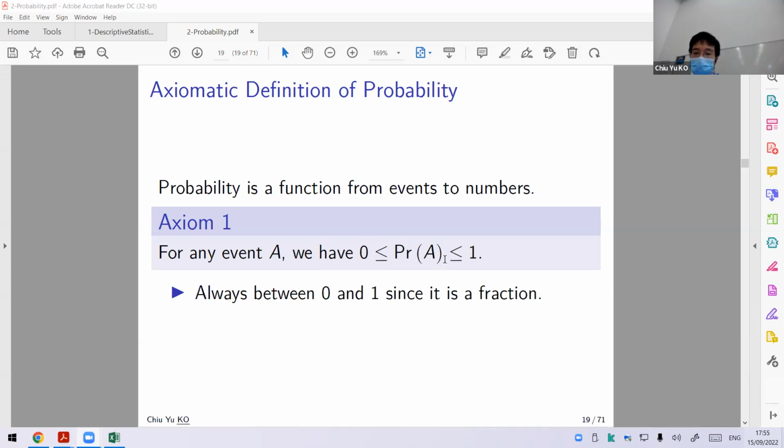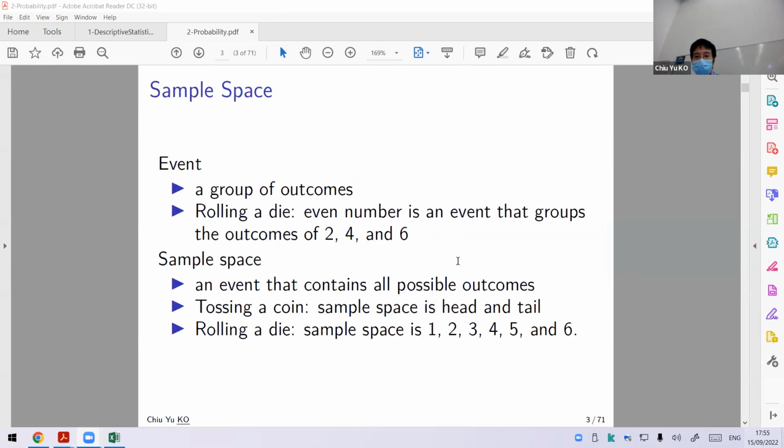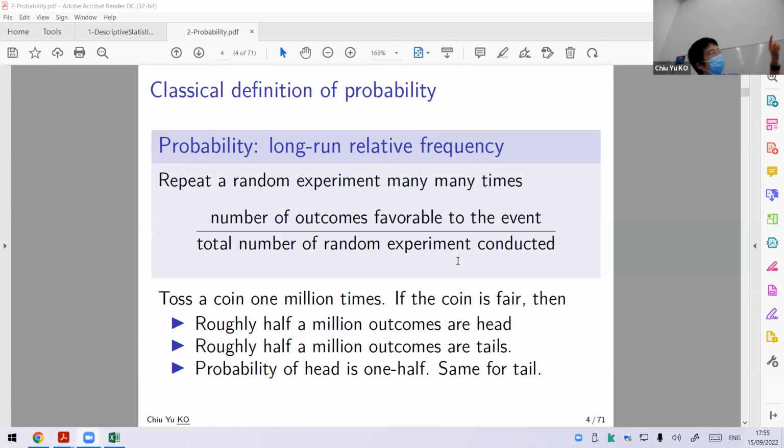There's no content there, we just limit things to 0 to 1. There's nothing new, but this is consistent with what we learned from the classical definition, right? The classical definition is a fraction, a ratio, right? So a fraction must be from 0 to 1.